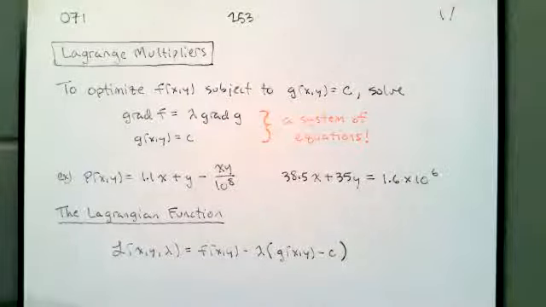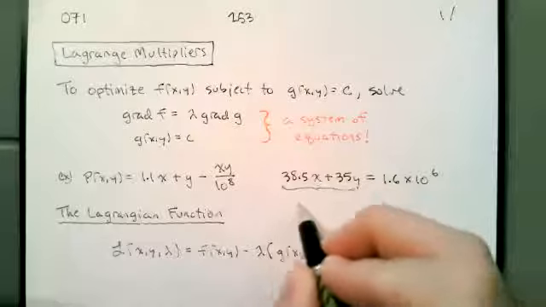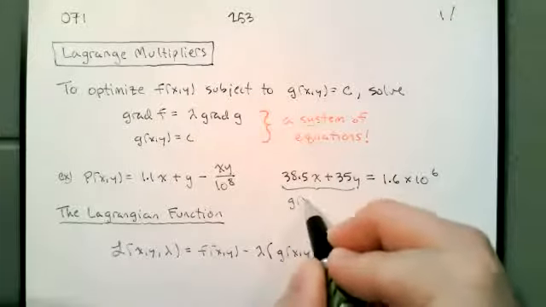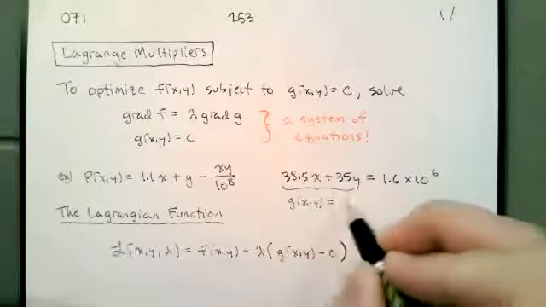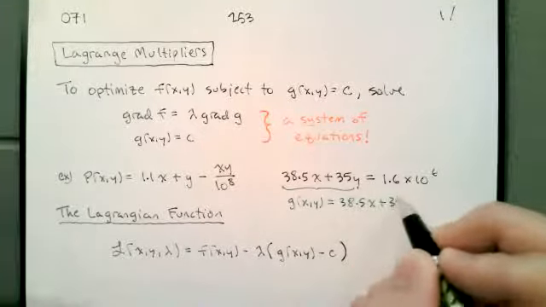So my g of x, y will be 38.5x plus 35y equals 1.6 million.